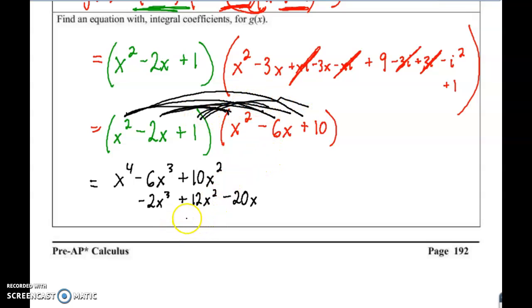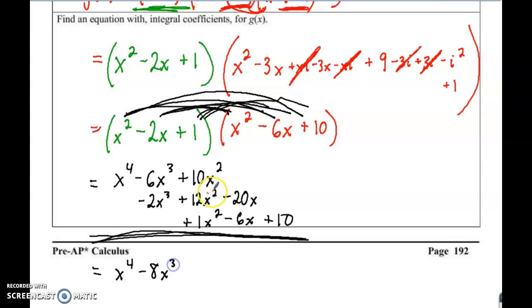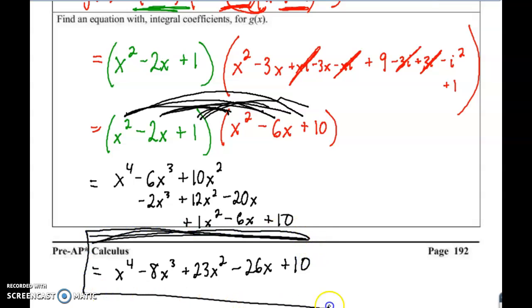And again, you can see how I can line these up. So as I combine like terms, my final answer is x to the 4th minus 8x cubed, plus 23x squared, minus 26x plus 10 is your simplified answer with integer coefficients.